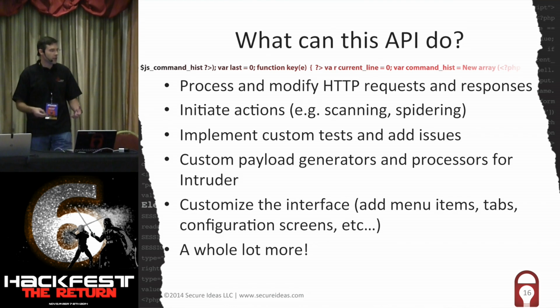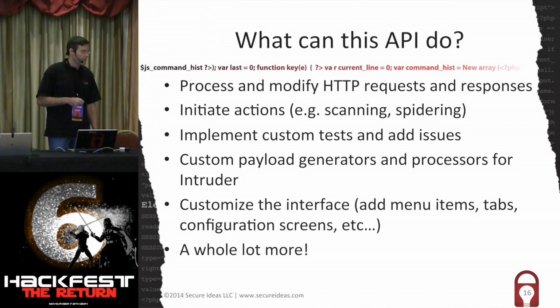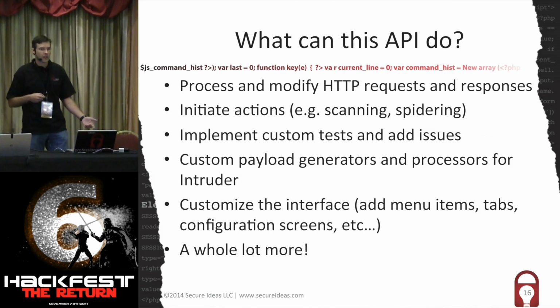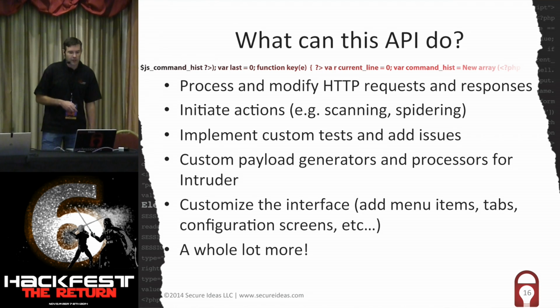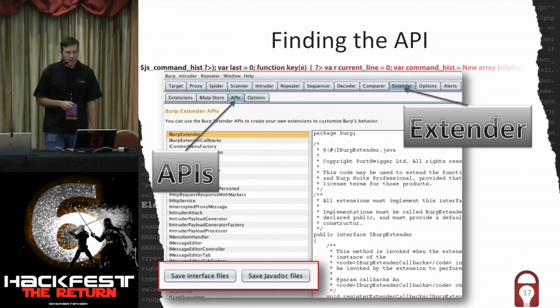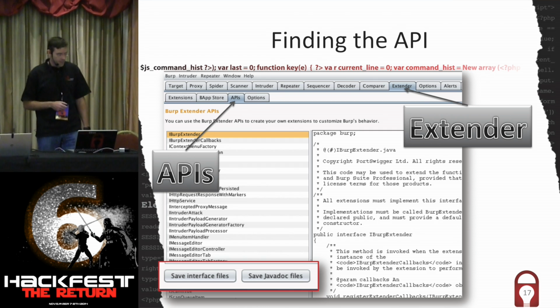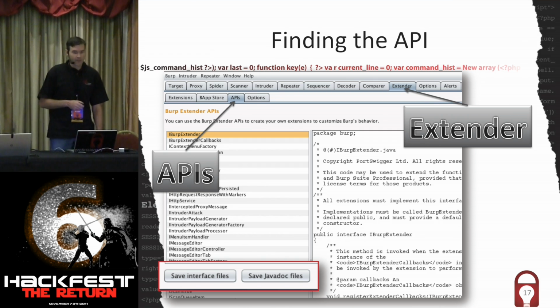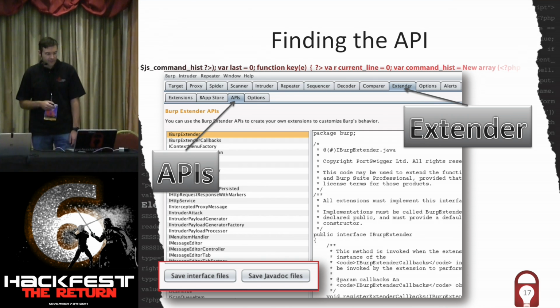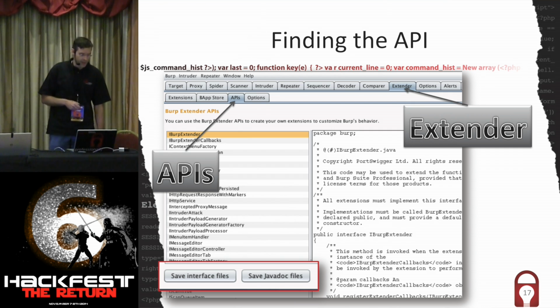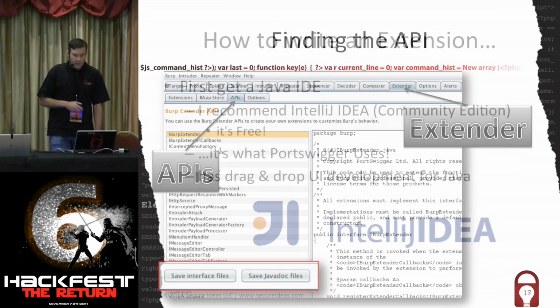So if you have special needs, or if the web application that you're attacking is very specific in nature, and the regular tools don't work, then you can actually write yourself a payload generator to do that. The API itself is pretty easy to find. You just look under the Extender tab inside of Burp, click on the APIs tab, and then down on the bottom, you can download the interfaces and the Javadocs for that.